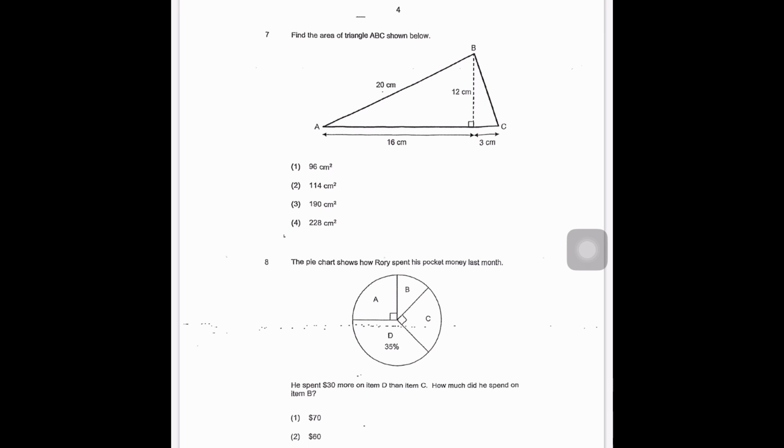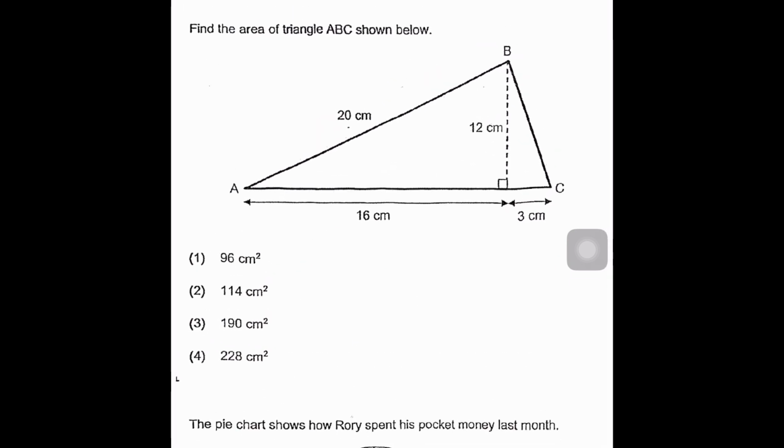Okay, next question. Find the area of the triangle ABC shown below. How do you find the area of a triangle? The formula for the area of a triangle is half times length times height. When you have a triangle, this is your height and this is your length. Your length and height should be perpendicular to each other.